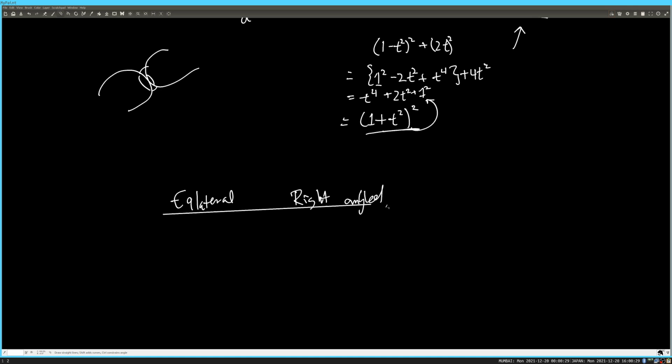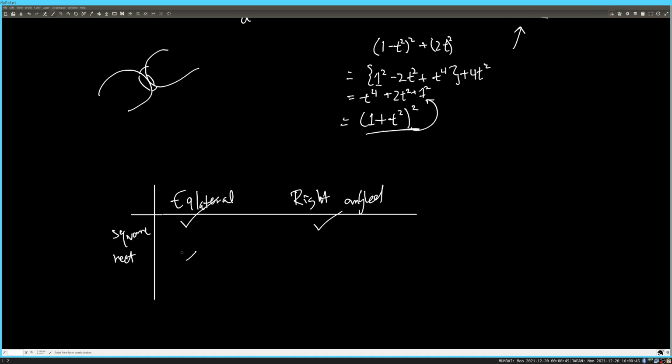A square is both. A rectangle is not equilateral, but is right-angled.